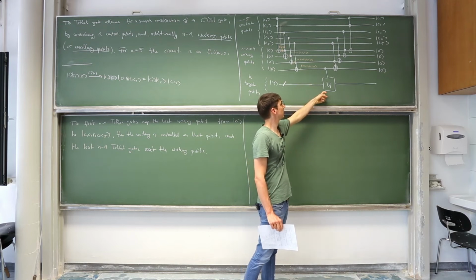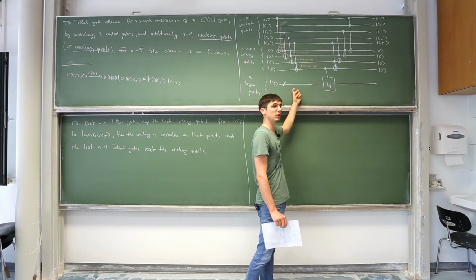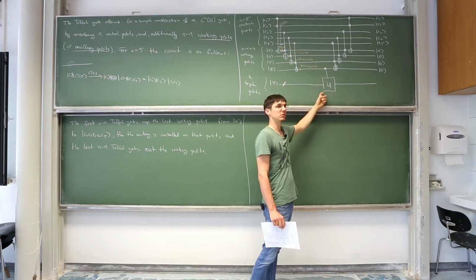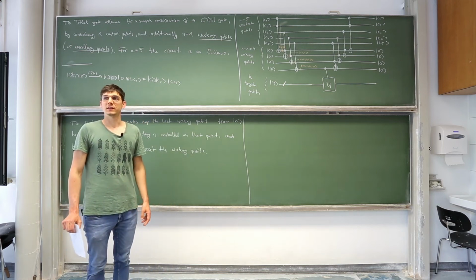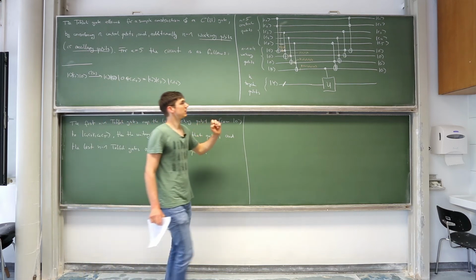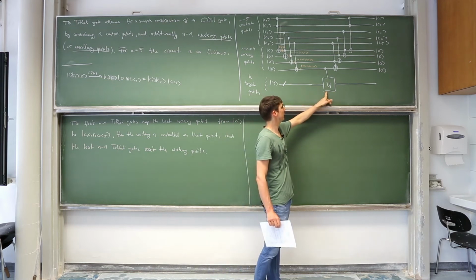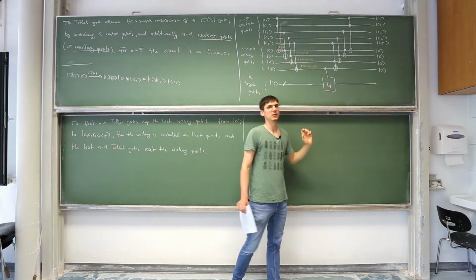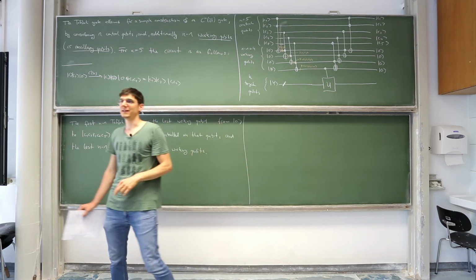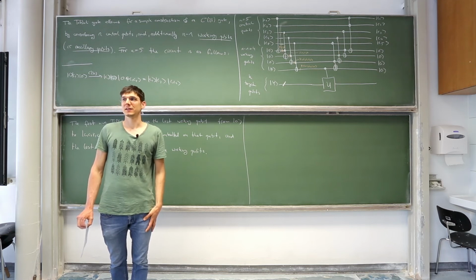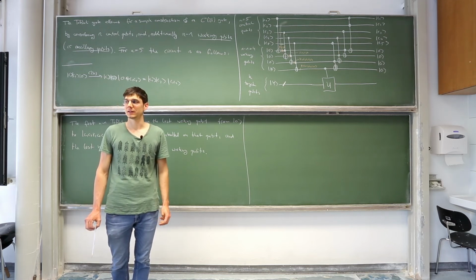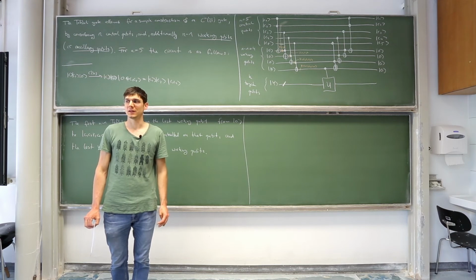And for a controlled unitary, we also see that if this target is only 1 qubit, then this can also be decomposed into CNOT and single qubit unitary gates. And so the only thing that remains is then to show that also a unitary acting on many qubits can also be decomposed into CNOT and into single qubit gates, right? And we're going to do this at some point a bit later.